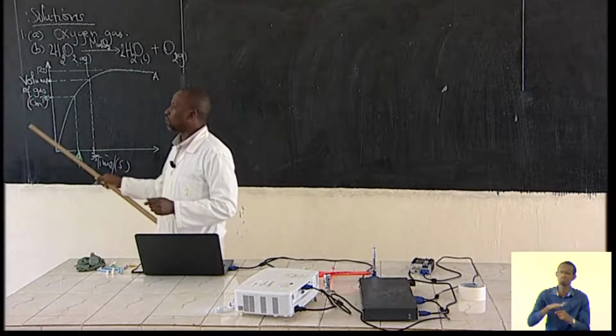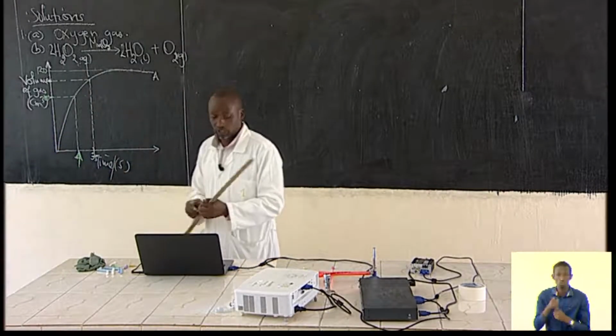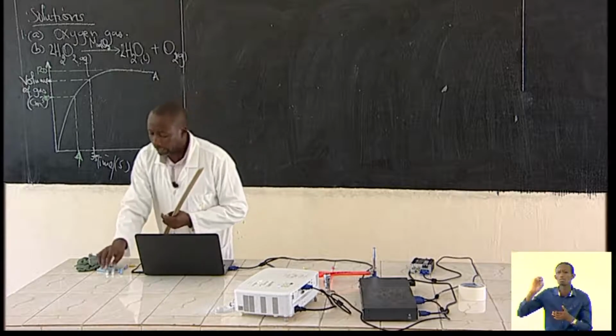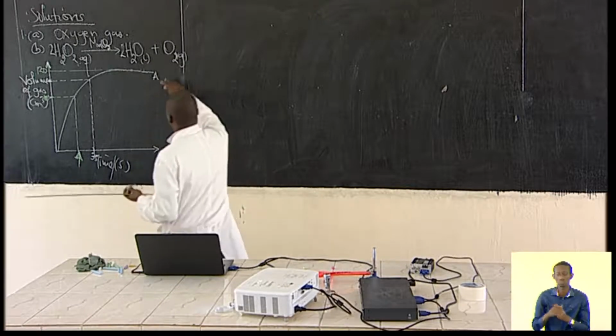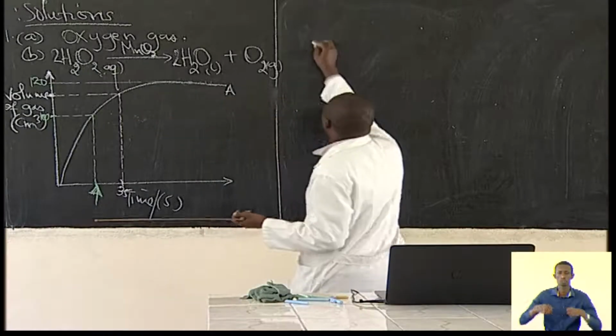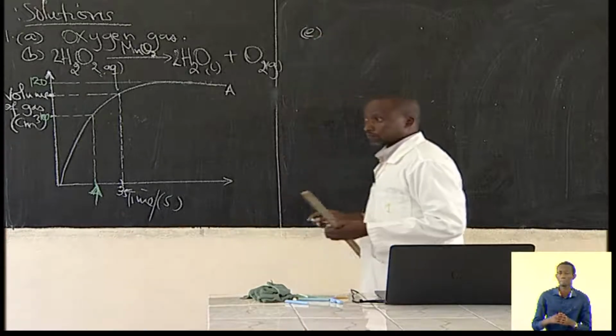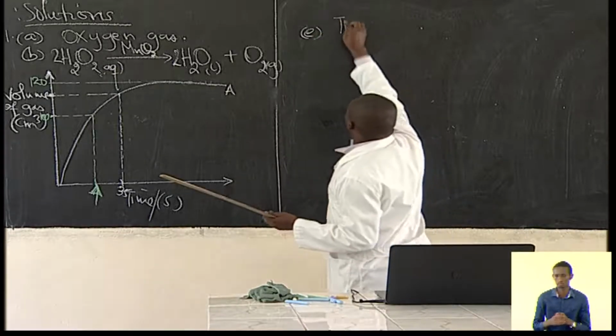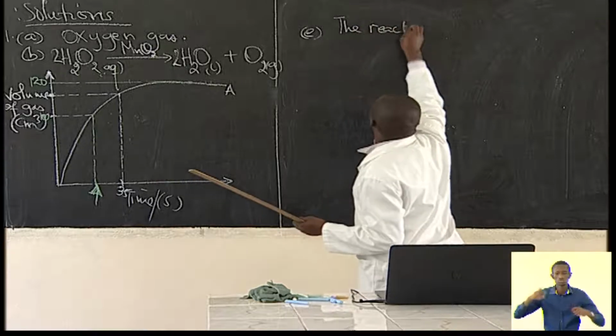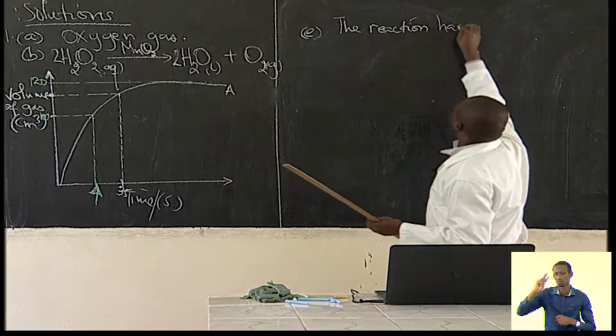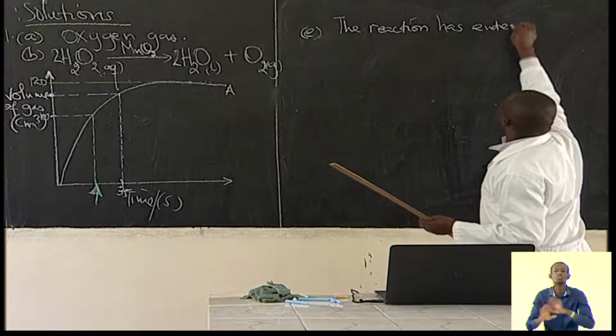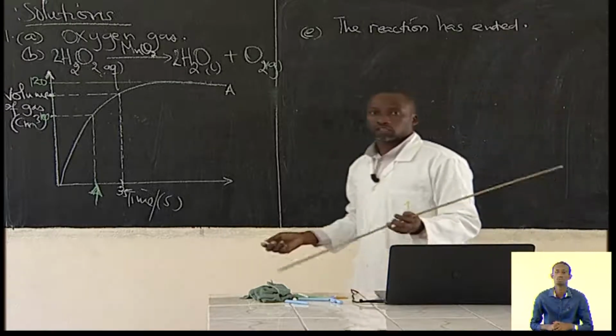Explain why the volume of gas does not exceed 120. So it means that the reaction has ended. That is the end of the reaction at this point here. So that is part E of the question. That is the end point of the reaction.